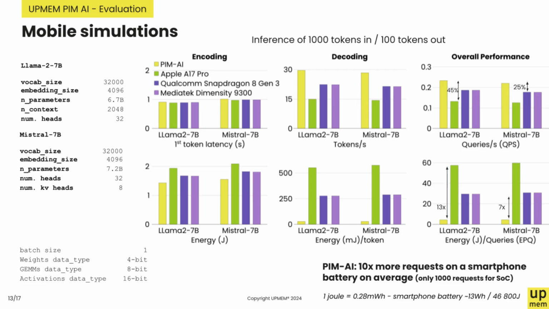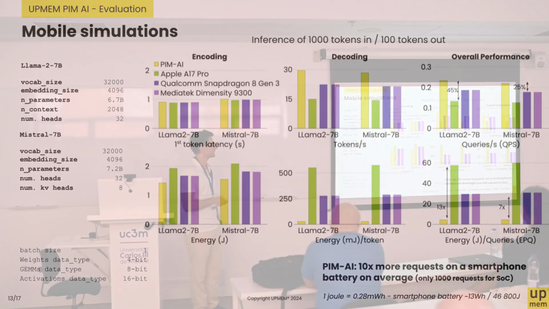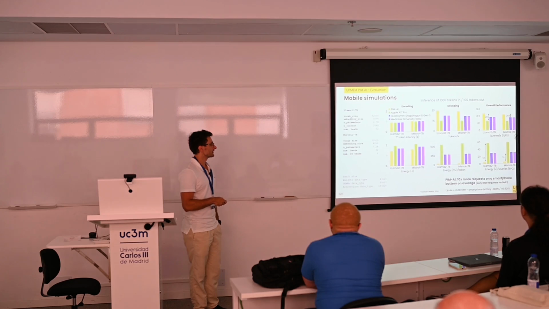But what you really mind, I think, is that you can do more inferences with the same battery, right? So with an average battery, PIM can achieve 10 times more requests.